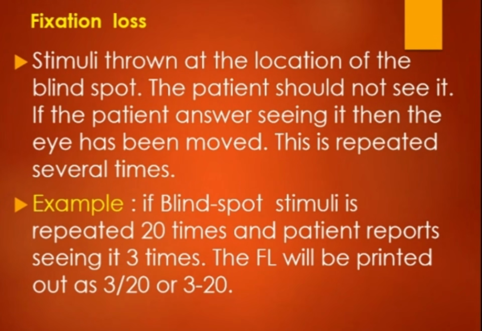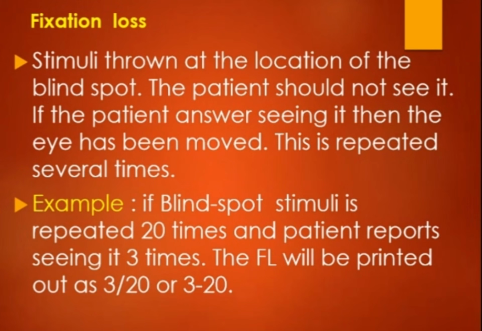So any stimulus thrown at the blind spot should not be seen. So if the blind spot stimulus is repeated up to 20 times, and then the patient reports seeing it up to 3 times, that means the fixation loss will be printed as 3/20, because the patient has actually lost fixation, and you're presenting a stimulus to the blind spot and the patient is still clicking, telling you that he or she is seeing.